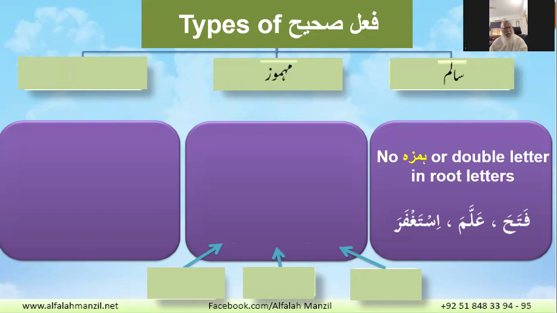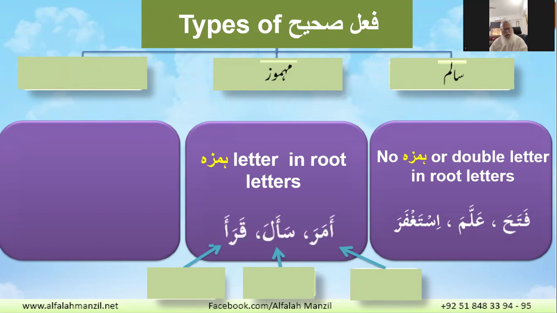Mahmuz. Mahmuz means when Hamza appears. When the Hamza letter is found in the root letters, then it is called Mahmuz. Amara, Sa'ala, Qara'a. When they come as Mahmuz, they have 3 types. If Hamza comes in the beginning, we say Mahmuzul Fa, because the fi'l has 3 letters, Fa, Ain and Lam.